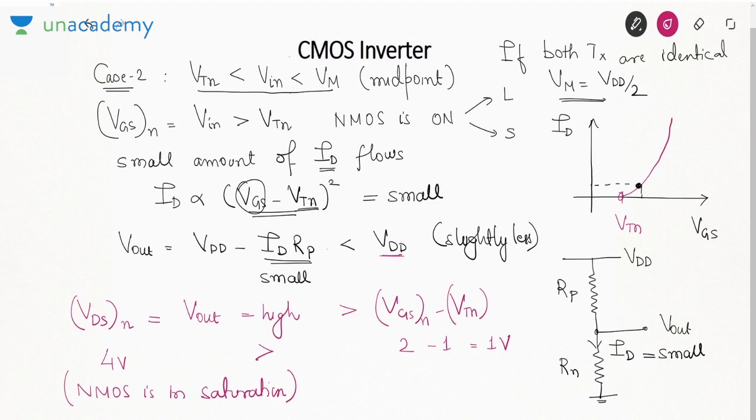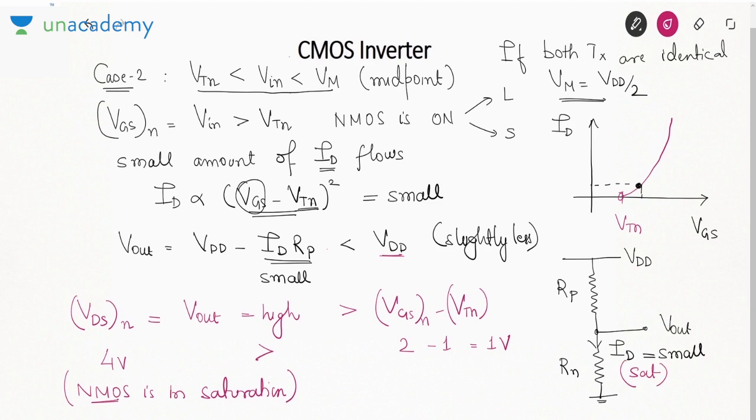Is my point clear to you guys? The value of Vout is just less than VDD, it is 4 volt, 4.5 volt, something like that. But VGS is slightly above VT, so their difference is very small, and hence NMOS will be biased in saturation region. So we know the region of operation of NMOS.